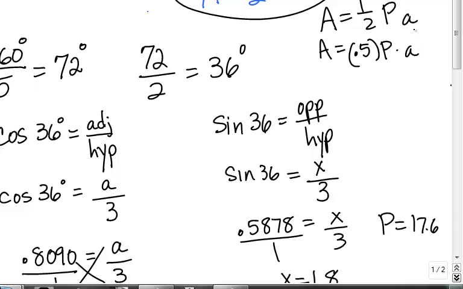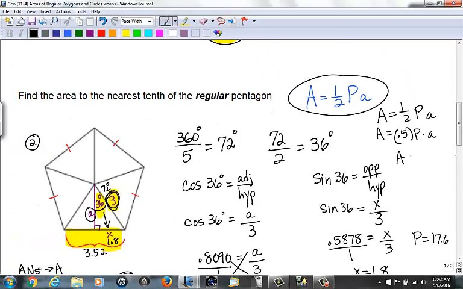So take on your calculator 0.5 times alpha P times alpha A. And I get 21.4, right? If I round it, it says nearest tenth, so we're good. 21.4. So I think this is a valuable part on the calculator, is to store values. It saves you writing down all those decimals. Everybody good on that one?